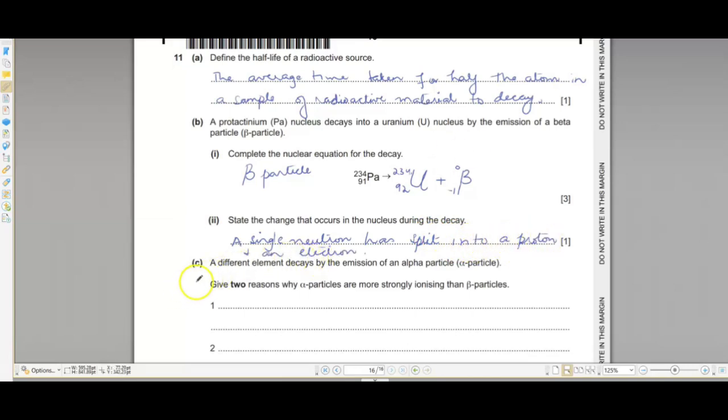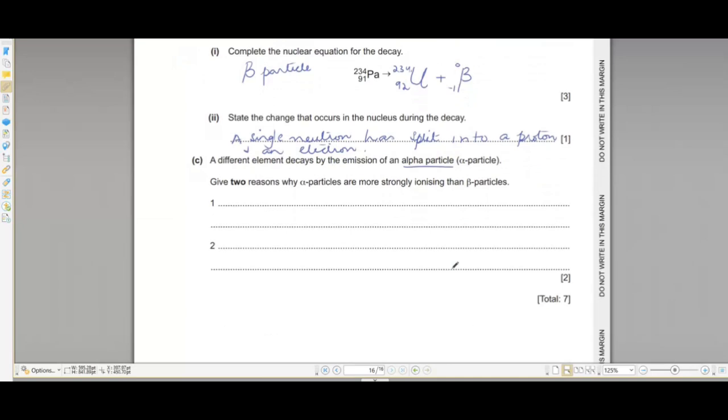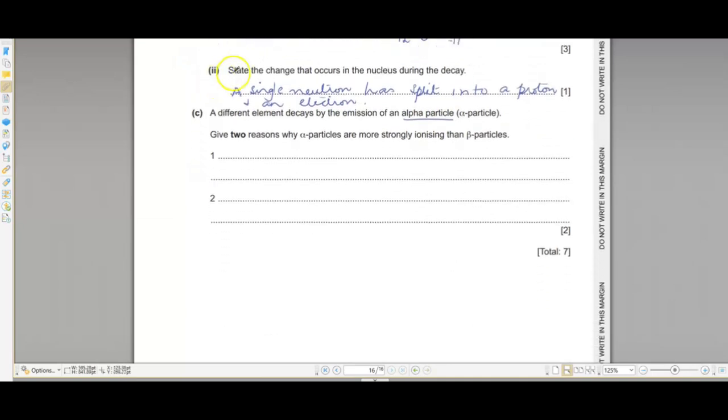Okay. So part C, a different element decays by the emission of alpha particles. Give two reasons why alpha particles are more strongly ionizing than beta particles. Alpha particles are more strongly ionizing than beta particles because, number one, they have greater charge. And number two, they have more kinetic energy than beta particles.